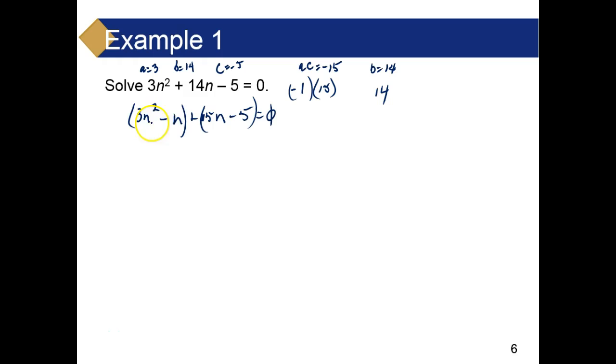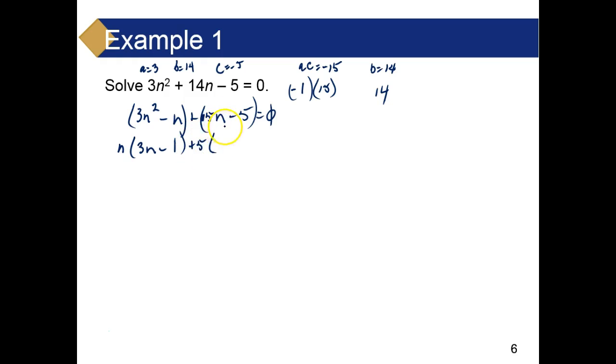Okay, what do we do with the first group? Factor. How does it factor? Pull out an n. What do you have left? 3n minus what? 1. And in the second group, what do we do? Pull out a 5.